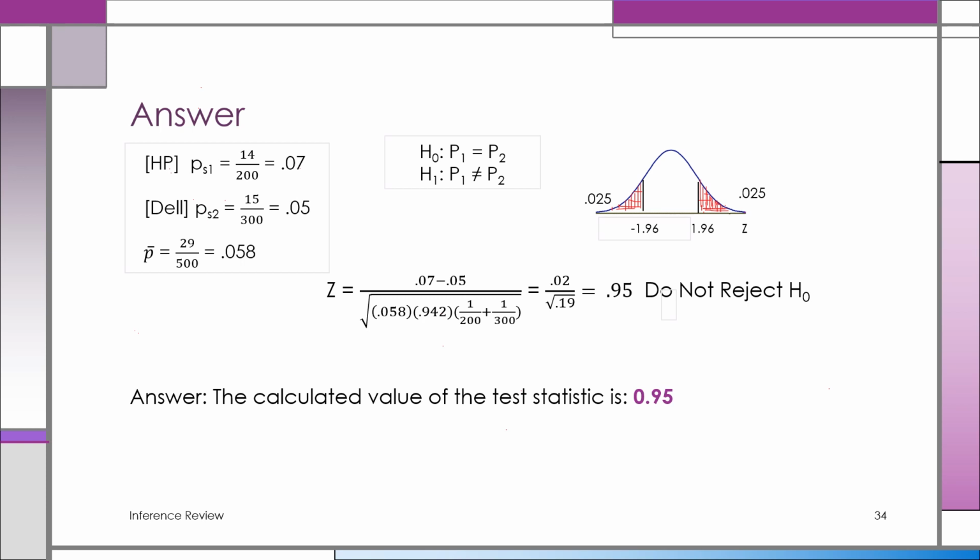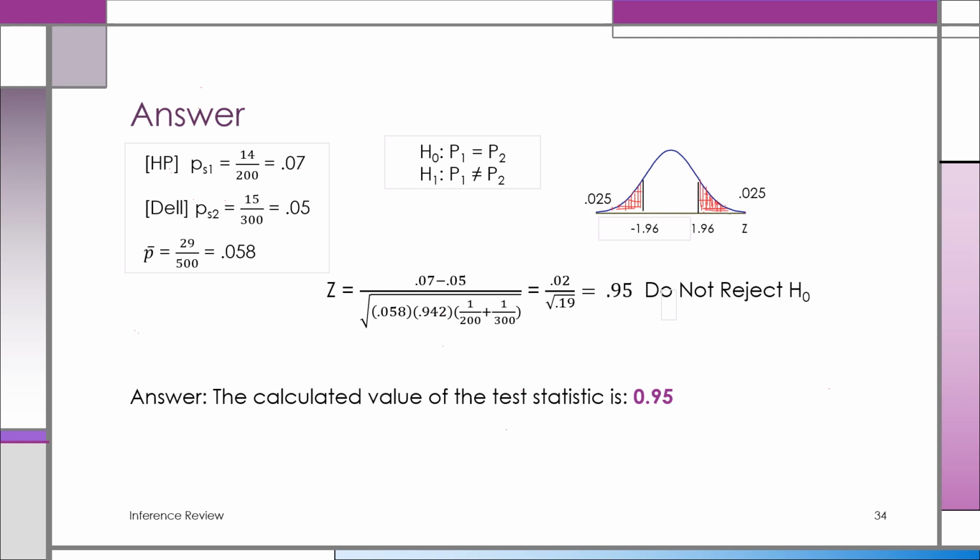HP, their proportion of defects is 14 out of 200. That's 0.07, 7% defects. Dell was 15 out of 300, 0.05. We'll look at a difference of 0.07 versus 0.05, and the total sample size is 500. As I mentioned, this is a two-sample test for proportions.